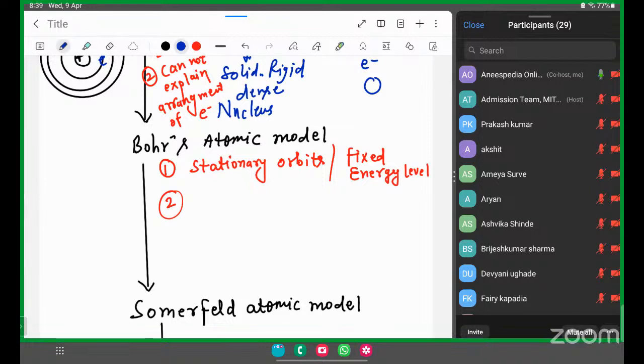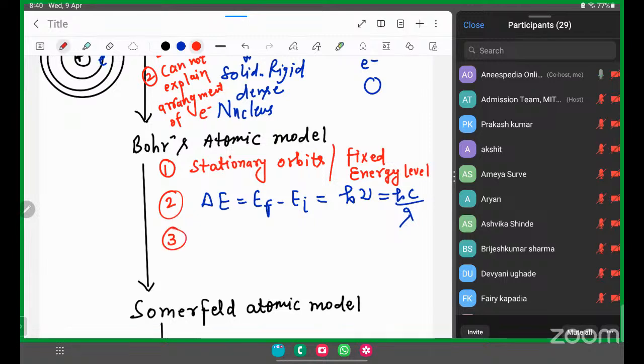So whenever electron is going from one energy level to another, there will be some energy difference which has to be provided to the electron. This energy is given by delta E, which is E final minus E initial, which is given by h nu or hc by lambda, which means if we are giving certain radiation of a frequency to the electron, it will go from one energy level to another energy level, and when it will come back, it will emit the radiation with same frequency. This is second postulate.